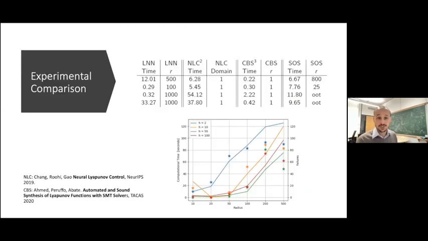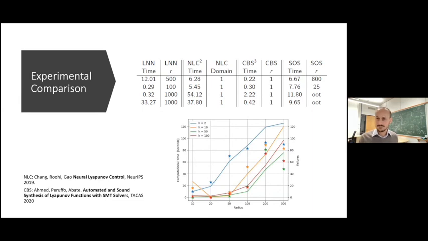We have compared this with other similar methods that also use neural networks, other similar methods that use other templates, and with SOS tools too. And it turns out that we can find Lyapunov functions for the widest domains with respect to the state of the art.